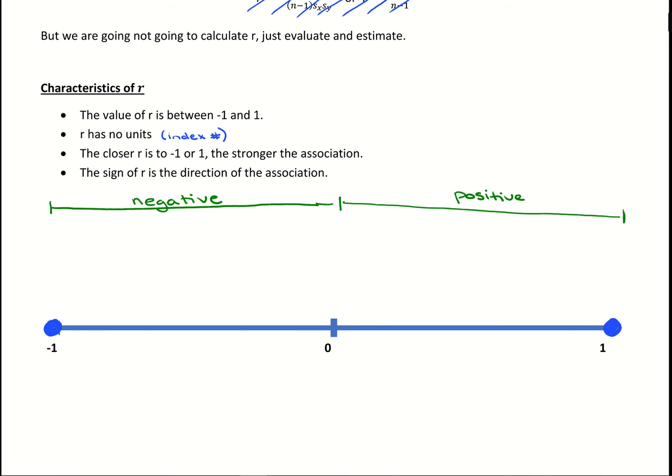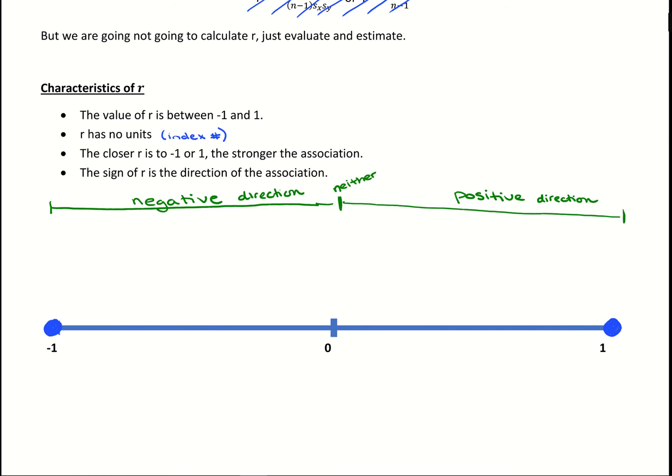And then at exactly 0, there's neither. So when you get out your value for r, the sign that you're using for r is the direction. If r is positive, then there's a positive direction. If r is negative, then it's a negative direction. So that'll give us part of our description.